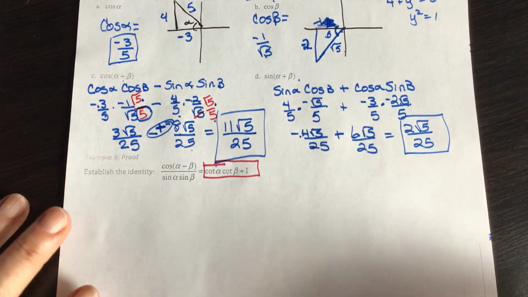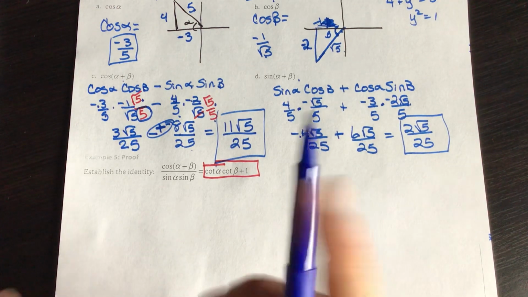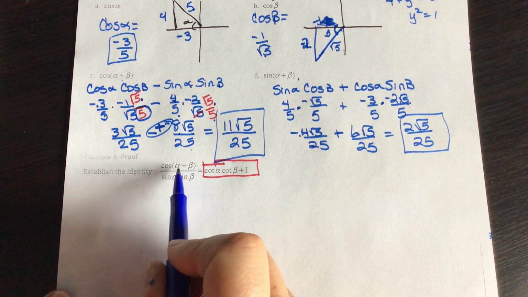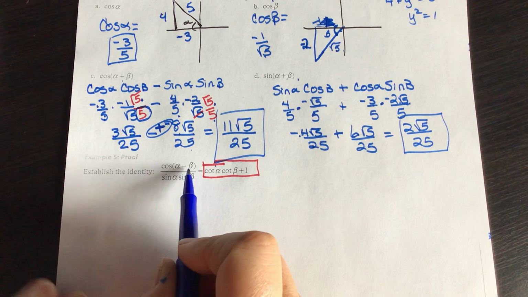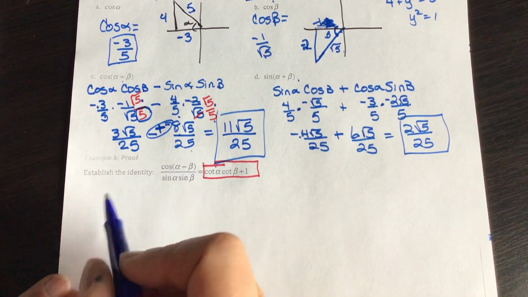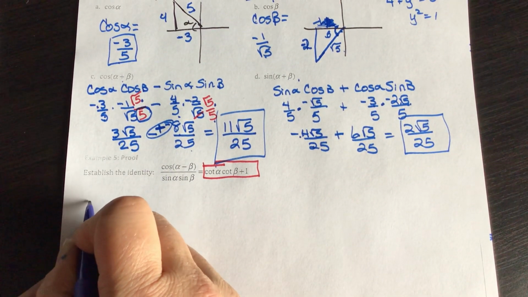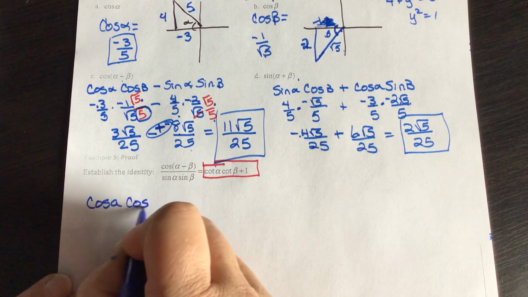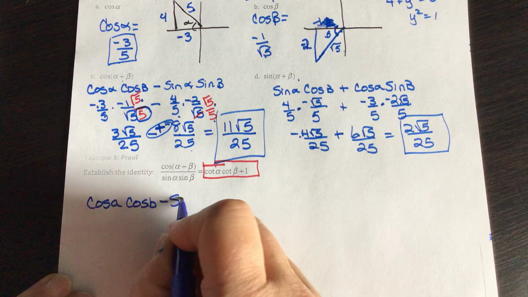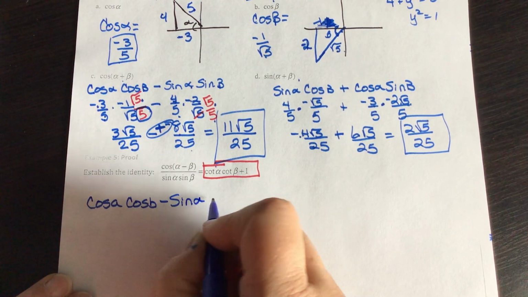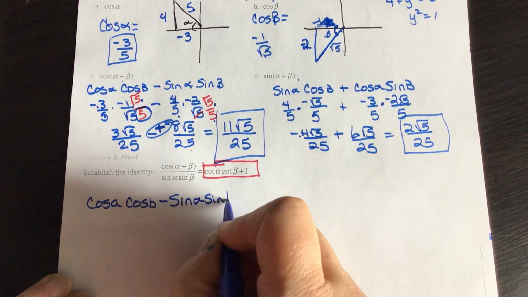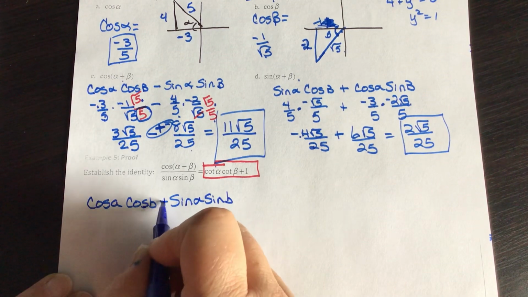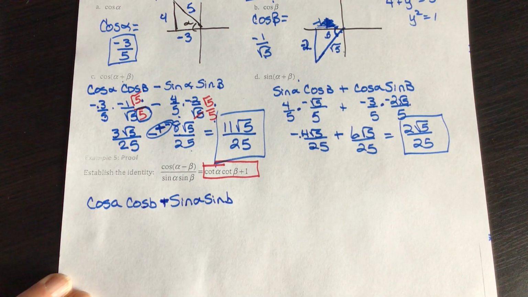So we'll work on the left side, and because we have the difference of cosine, we should probably use that formula. So I have cosine of a cosine of b minus sine of a sine of b, and these are opposite signs, sorry.